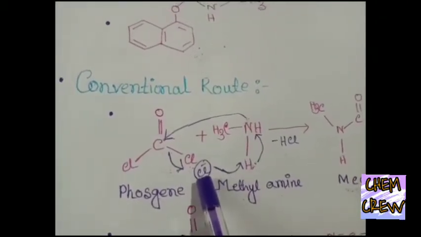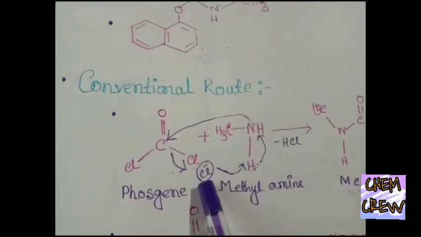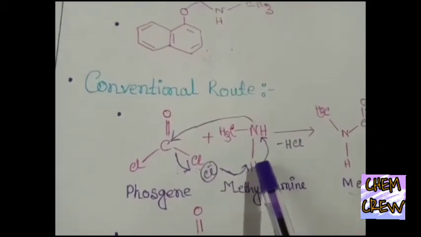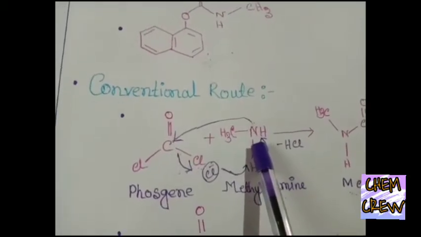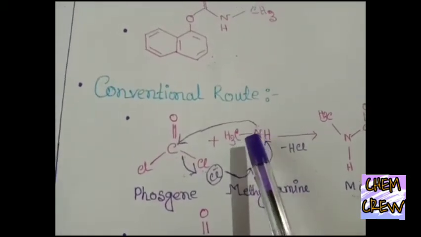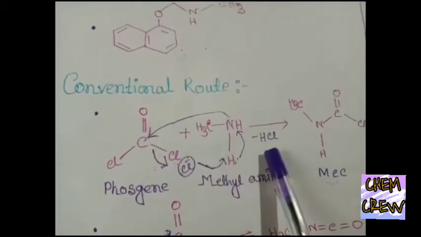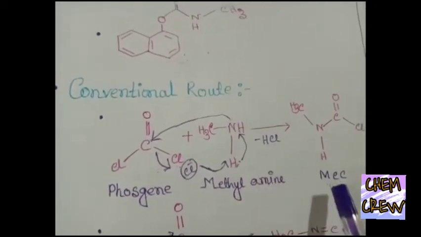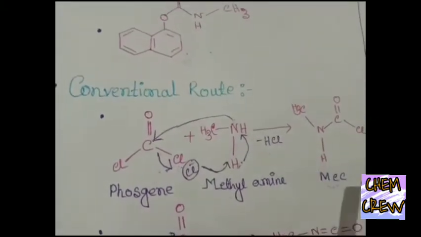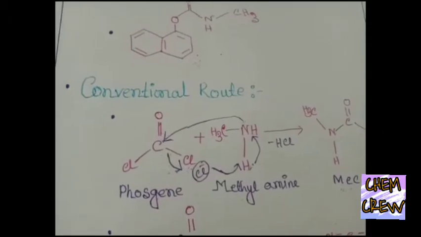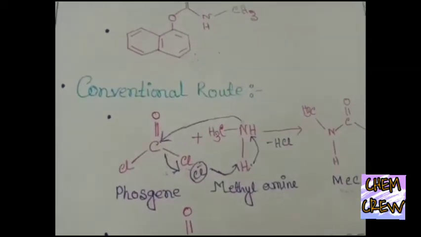Now this negatively charged chlorine attacks the hydrogen and again the lone pair of electrons is returned to the nitrogen, HCl is eliminated and we get the product MCC, also known as methyl carbamoyl chloride.